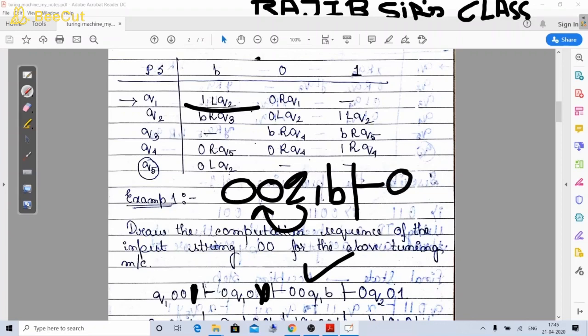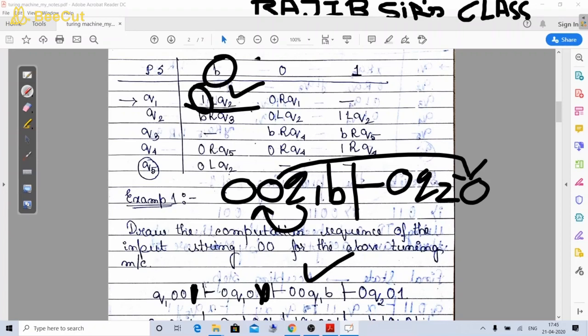Then put a 0, and as it is coming towards the left and this q1 changed to q2, we should write 0 q2. Then we have to put this 0 over here, so it becomes 0 q2 0. And then this blank will change to 1 as per the transition entry, so we have here 0 q2 0 1.